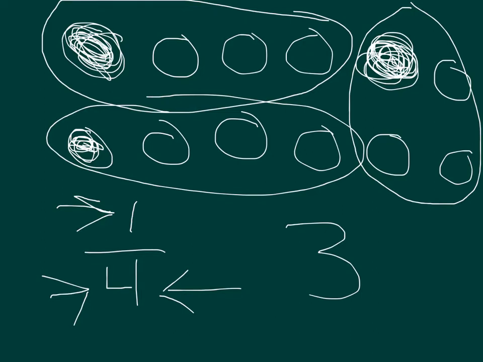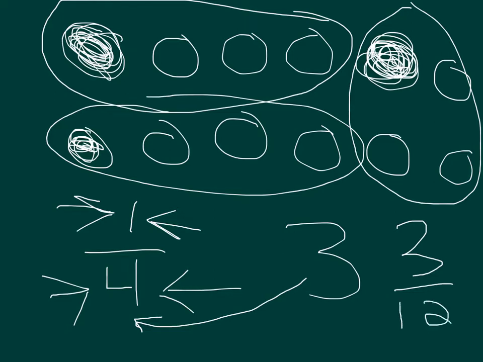I'm going to multiply 1 times 3, and I'm going to multiply 4 times 3, and I'm going to get 3/12. The easier way to do that would simply be to count up the number that's shaded, and that's 3. Then count up the total number of circles. 1, 2, 3, 4, 5, 6, 7, 8, 9, 10, 11, 12. 3/12.